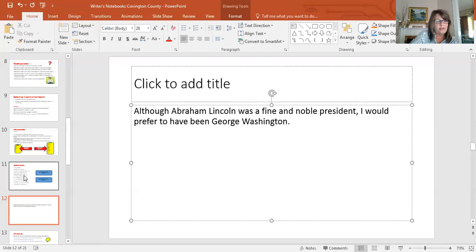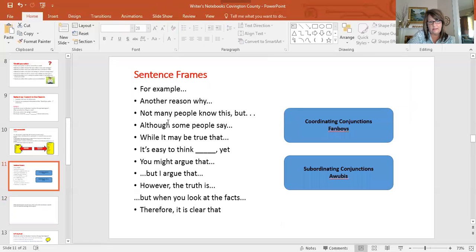Now let me expand on this. You know, I like to give two reasons. Not many people know this, and I could come up with something that not many people know. Well, maybe not many people know that he retired happily at Mount Vernon. He also freed his slaves before he died.